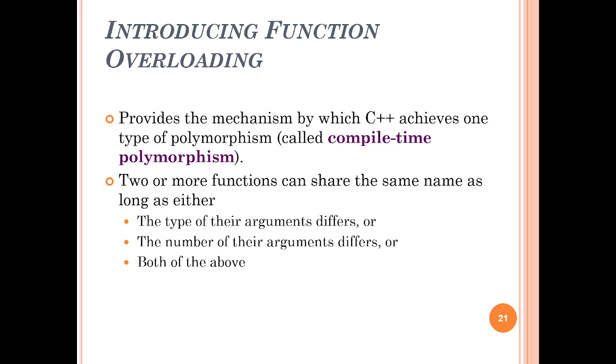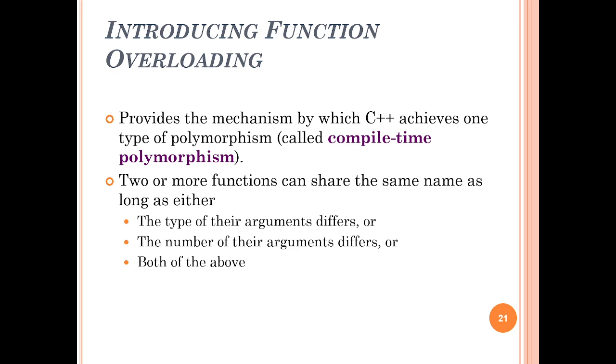Let us consider function overloading. This is called compile-time polymorphism. It provides a mechanism for polymorphism where two or more functions can share the same name as long as the types of the arguments differ, or the number of arguments differ, or both the types and the number of arguments we pass differ. This is called function overloading.